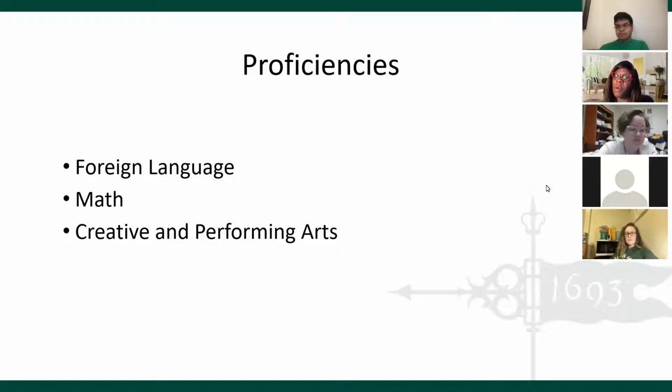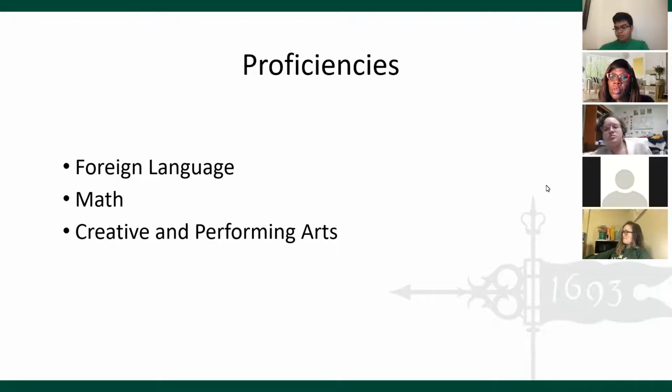The creative and performing arts, a lot of students coming in, depending on if they get it on their schedule early, because these classes get filled up really fast. Public speaking, creative writing, all of those are good courses to fulfill that requirement.